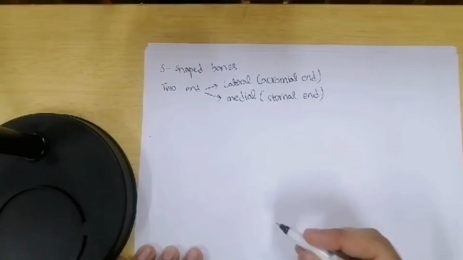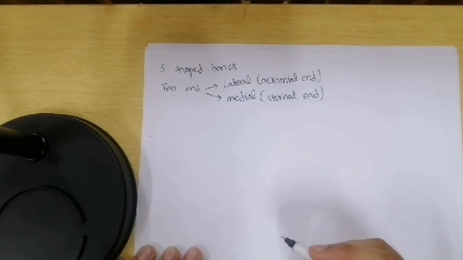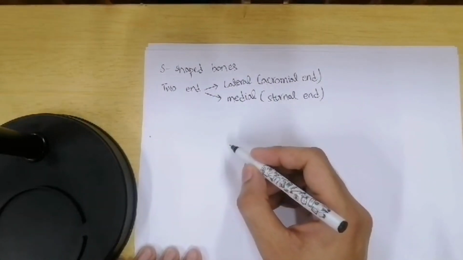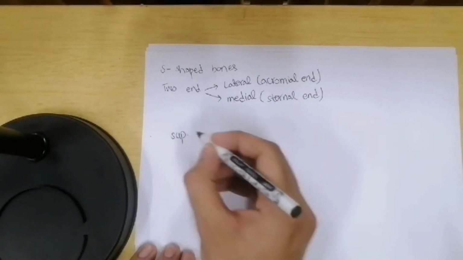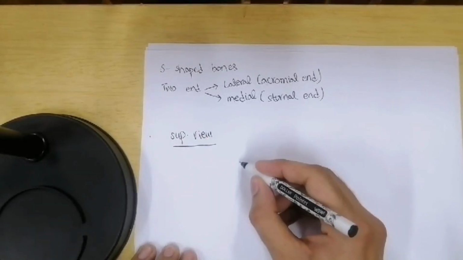We will see three views of the clavicle: superior view, inferior view and anterior view. Suppose this is your right clavicle bone and I'm going to show the superior view.